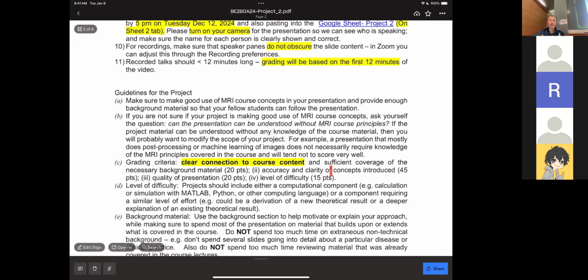And so all that means is typically the projects that tend to do better will have some simulation or some calculation or something that is a little bit above and beyond what's covered in the course, okay? So that's just general guidance as to what to look for there.